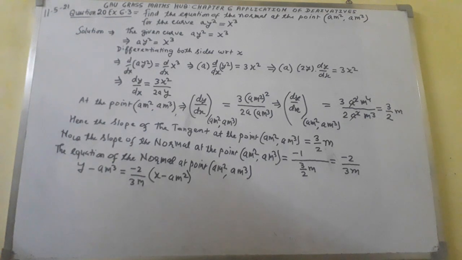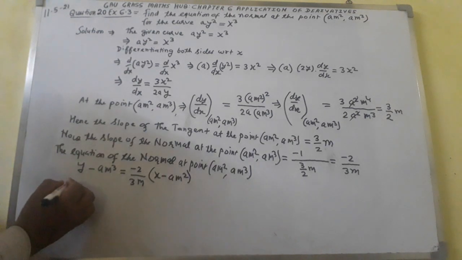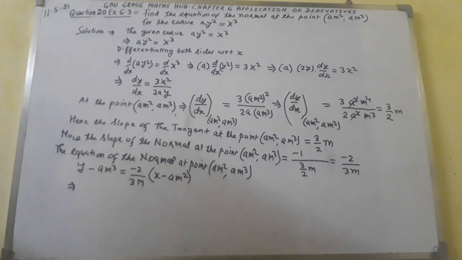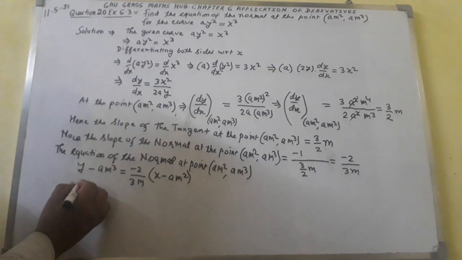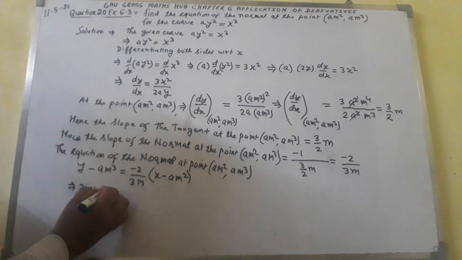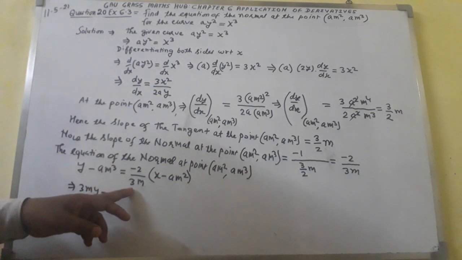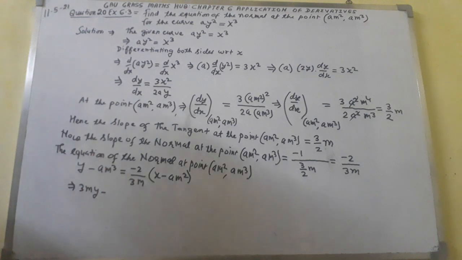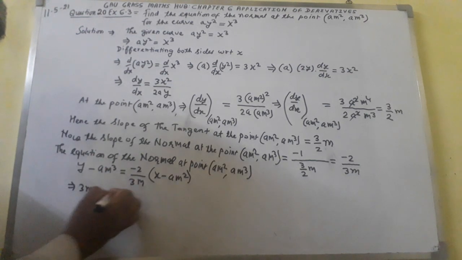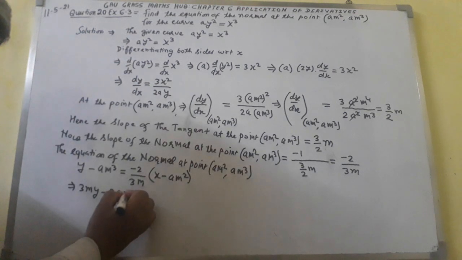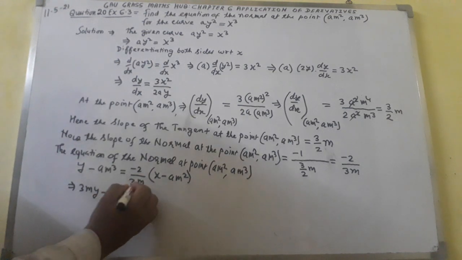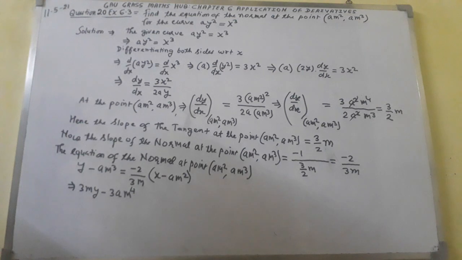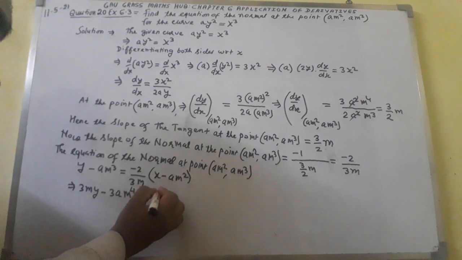Now simplify this one. In simplification, 3m will multiply to y, so here we will get 3my minus; 3m will multiply to am³, so here you will get 3am⁴, equal to minus 2 times x, which is minus 2x.